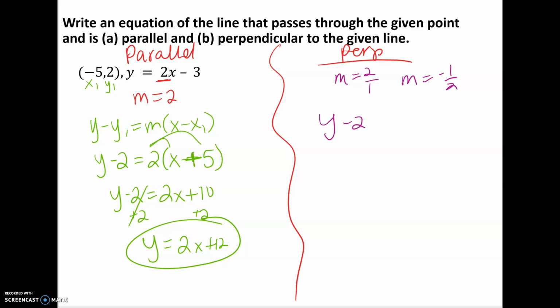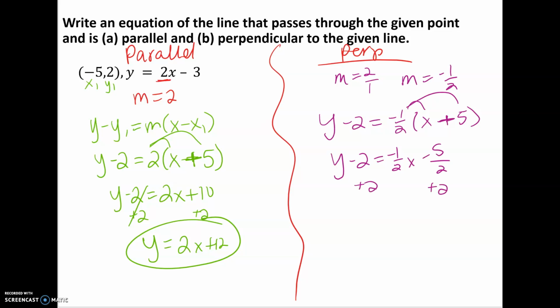So y minus 2 equals -1/2 times x minus -5, which remember becomes the plus. Okay, now I'm going to distribute my -1/2. And then I'm going to add my 2 over. So y equals -1/2 x.